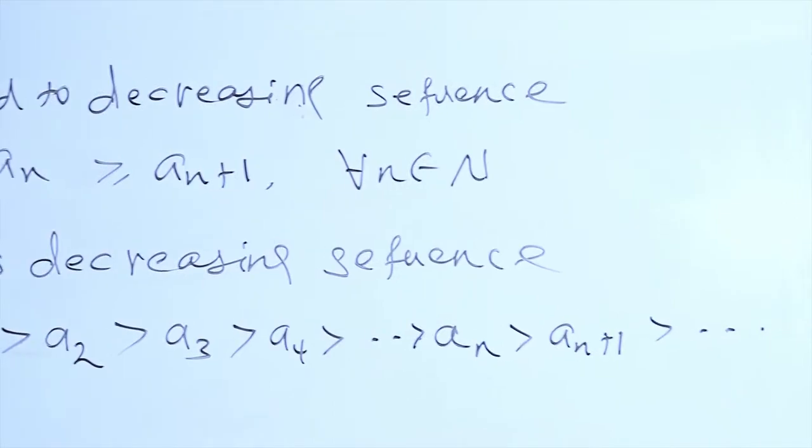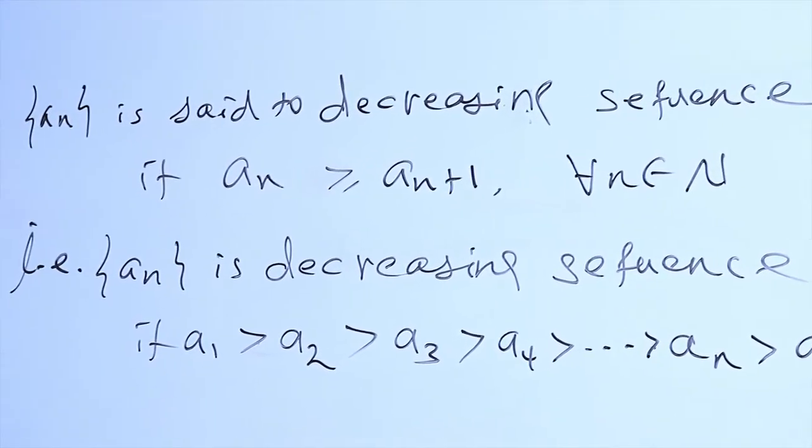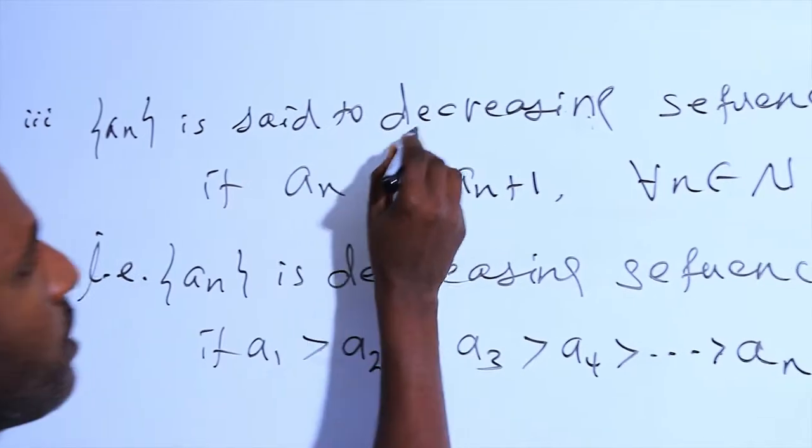If the sequence has the formula like this, then such a sequence is known as a decreasing sequence.